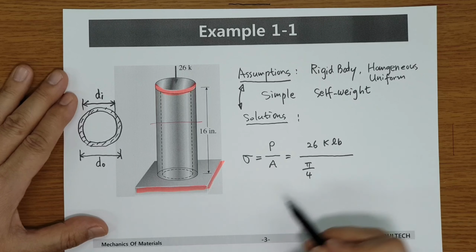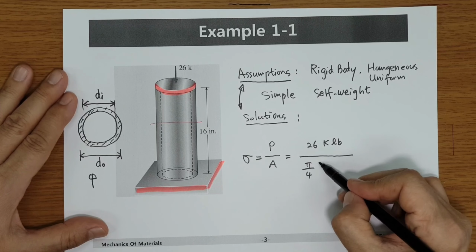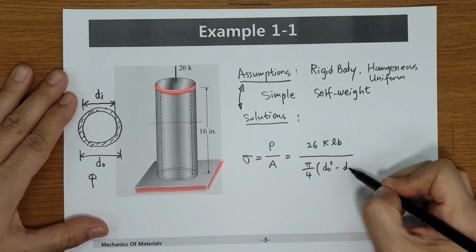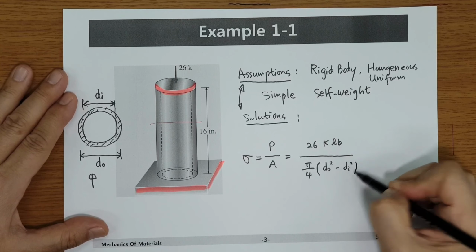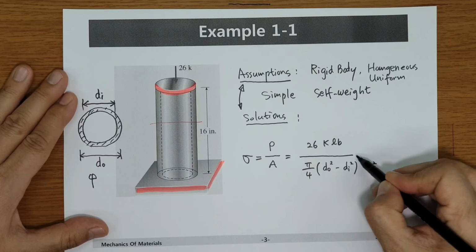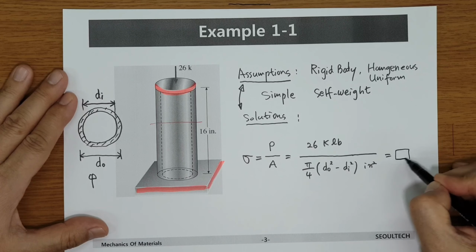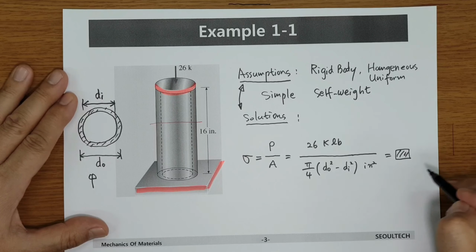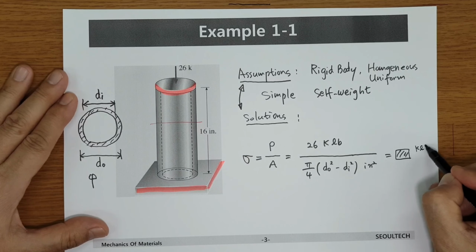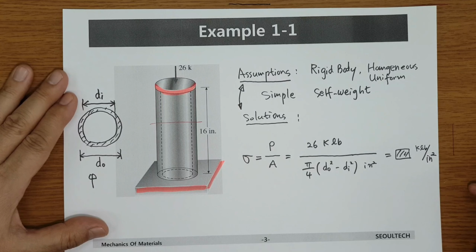But here it is slightly different, because of this structure, so we consider pi/4 times d outside squared minus d inside squared, of course in inch squared. Then finally you can have some answer, and the unit is kilo-pound per inch squared.